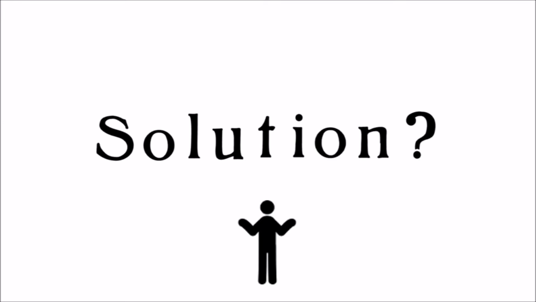Now, RACI literally stands for responsible, accountable, consulted, and informed. Responsible is the person who performs the task or carries out the action. Accountable means a person who is ultimately accountable and has the yes or no regarding the results of the task.